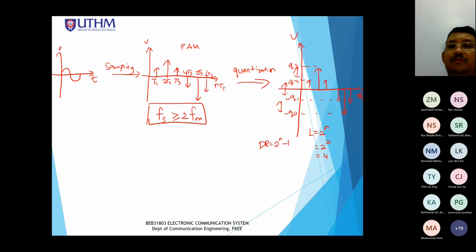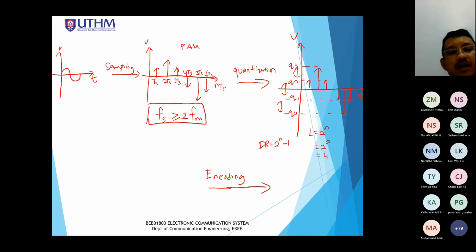Okay, and then what? The next process would be the encoding process, the third process. Encoding is the process of assigning the quantized values a specific code word. In my example, I'm using 2 bits.